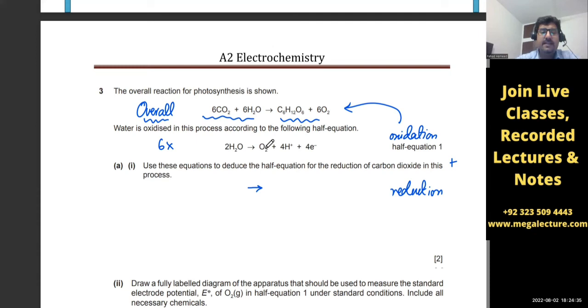That means before adding, this would have been multiplied by 6. There must have been 6 O2s over here. So Alicia, is that point clear? We don't know the rest yet, but I see 6 O2s over here, right? So that means this entire thing has to be multiplied by 6. So this will become 12, and this would become 24, and this would also become 24, right?